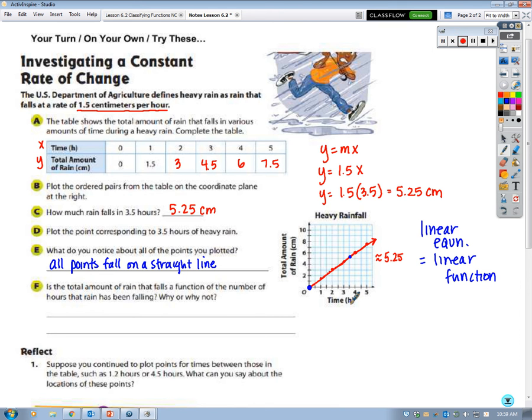Does it depend on time? Yes, it is a function. For any given input, there can be only one output, right? And in this case, input is hours.